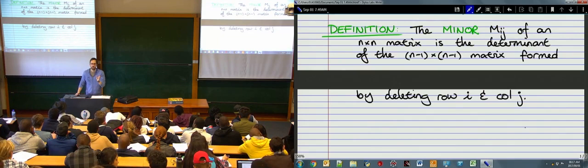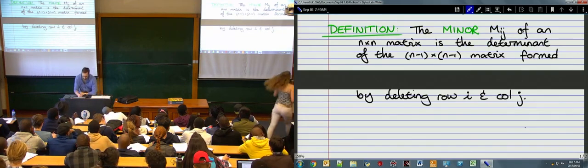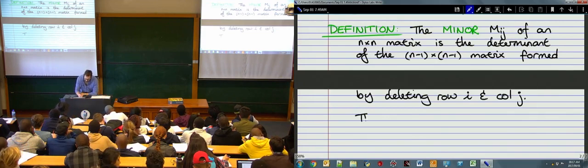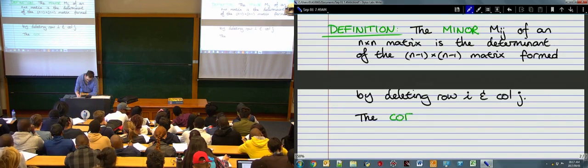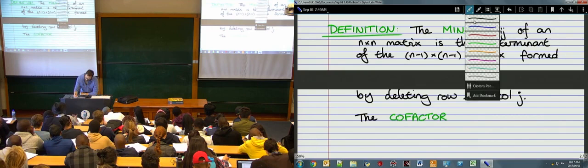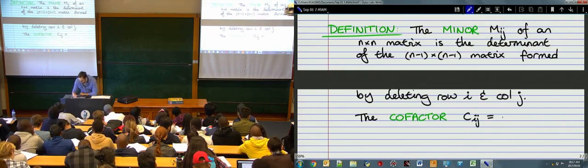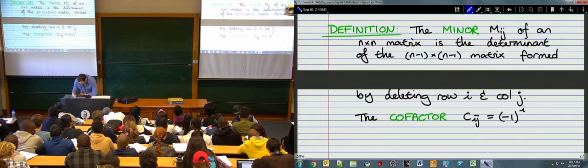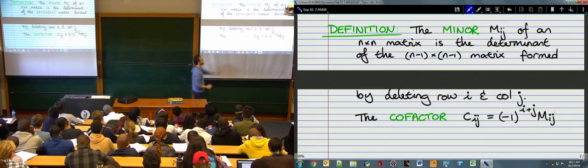The cofactor is just the minor multiplied by this funny checkerboard minus 1 pattern. So the cofactor Cij is equal to minus 1 to the i plus j times Mij.